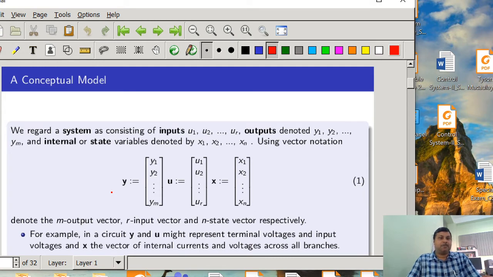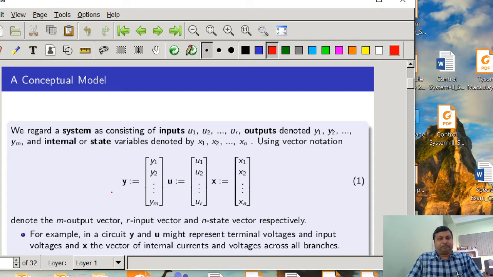I never told you about internal or state variables, but now I am claiming that along with the inputs and outputs we are considering some internal variables or state variables of the system, denoted by x1, x2, xn. So now we are discussing multiple input, multiple output, with n state variables.